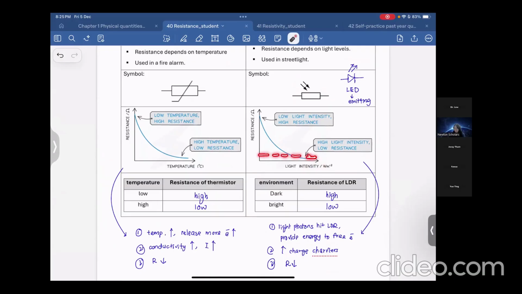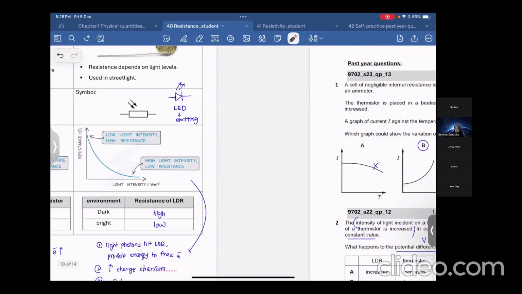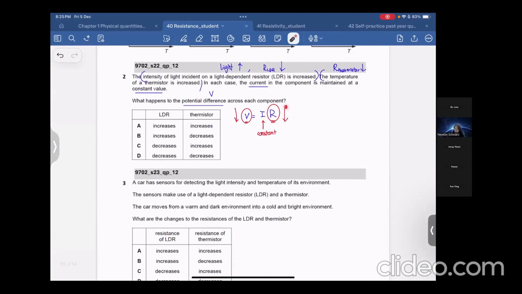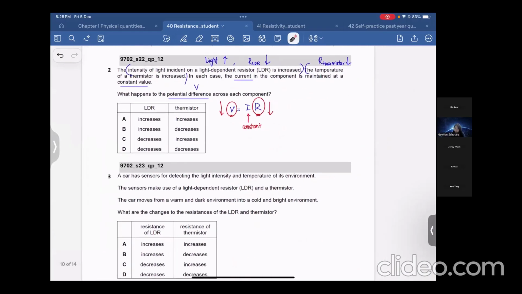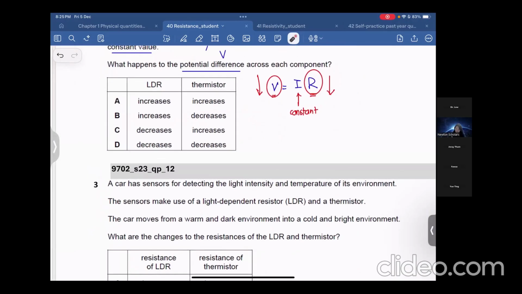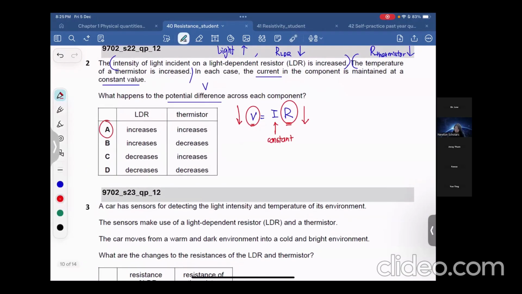Resistance become lower, so resistance decrease. When resistance decrease, your voltage or potential difference will decrease also. So your answer should be A. So resistance for LDR decrease, resistance for thermistor decrease, so your V will decrease.